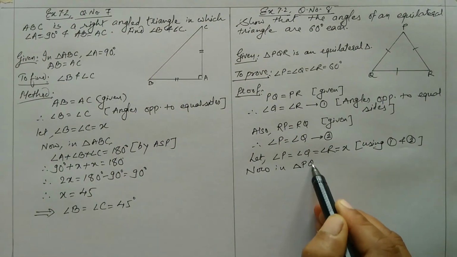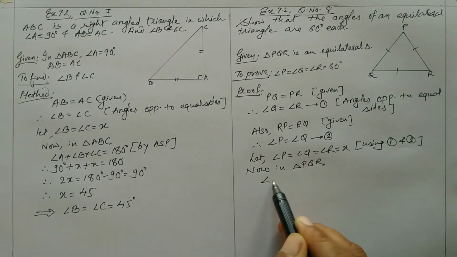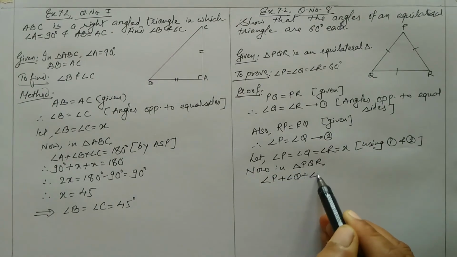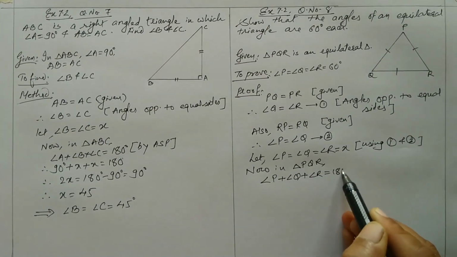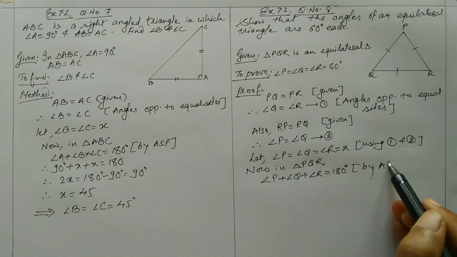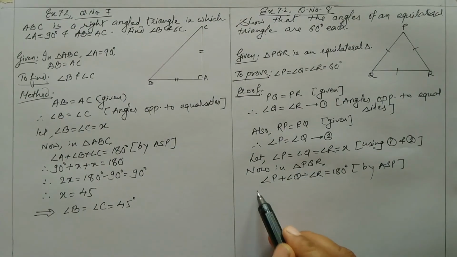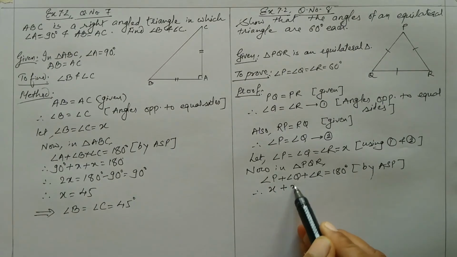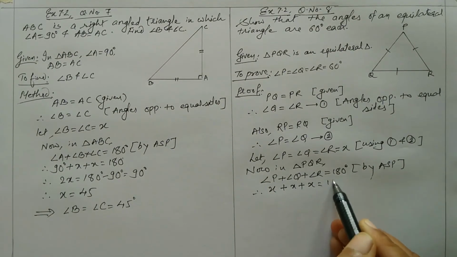In triangle PQR, angle P plus Q plus R is equal to 180 degrees by angle sum property of a triangle. So what is P? We have assumed X, Q all are equal.